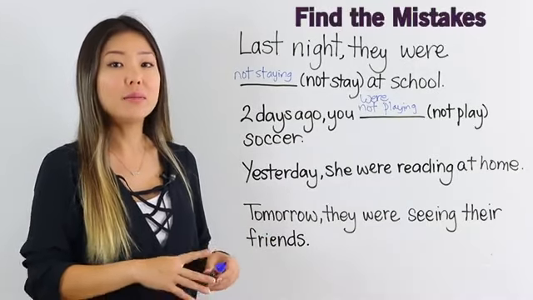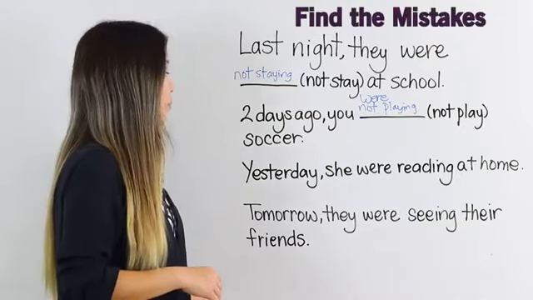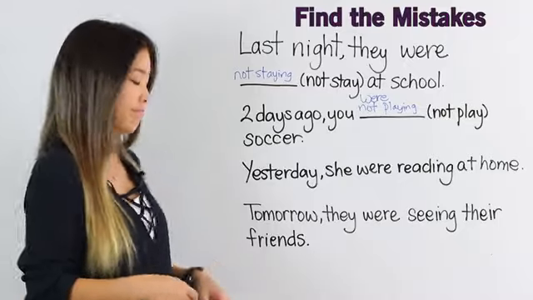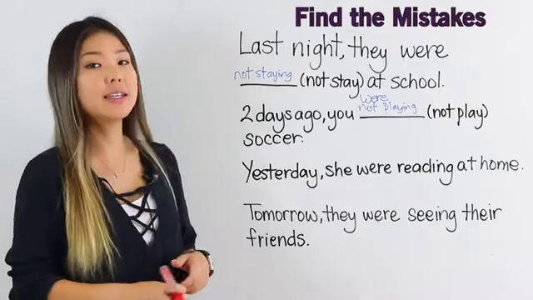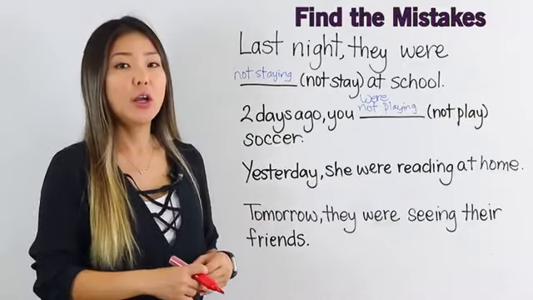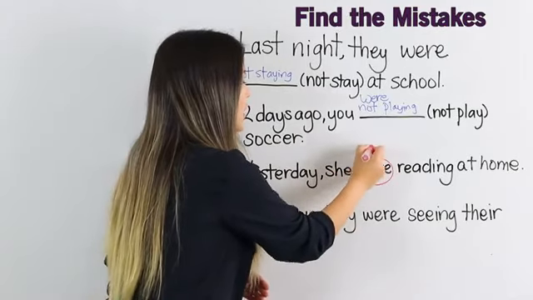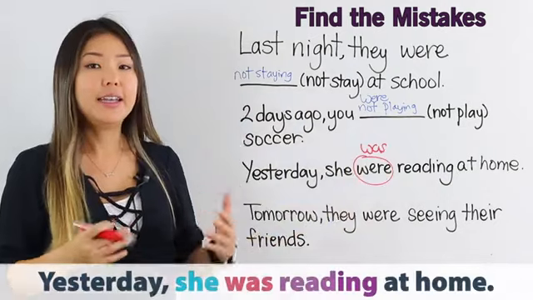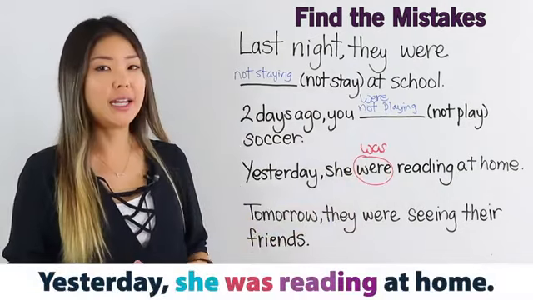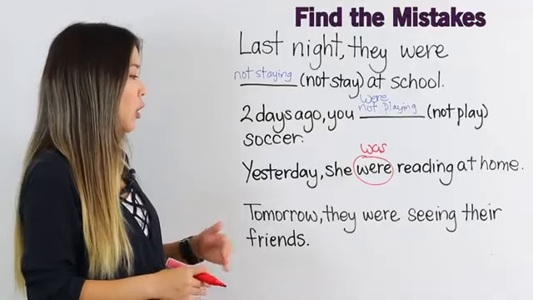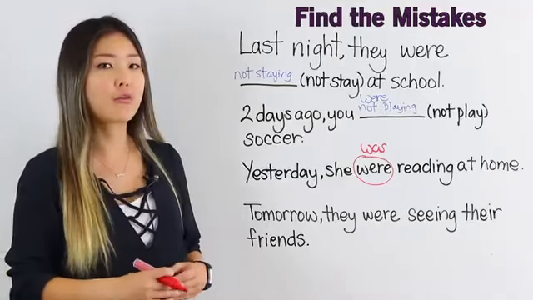Now, try to find the mistake in the next sentence. Yesterday, she were reading at home. The subject of this sentence is she. So, the be verb to use is not were, it's was. Yesterday, she was reading at home. In the next sentence, it says tomorrow they were seeing their friends.